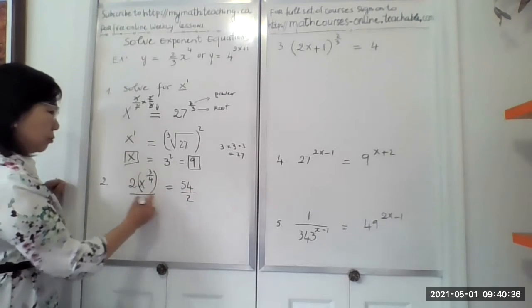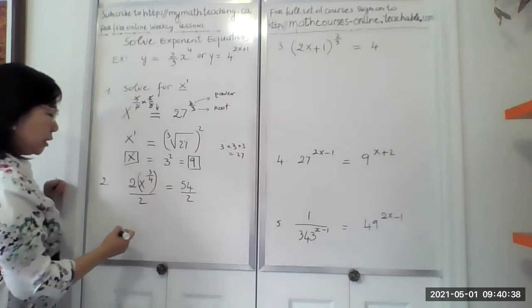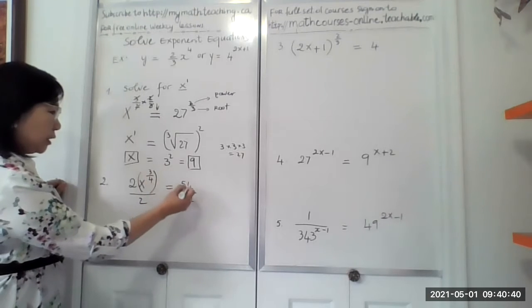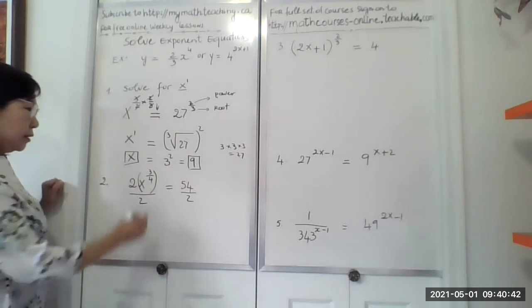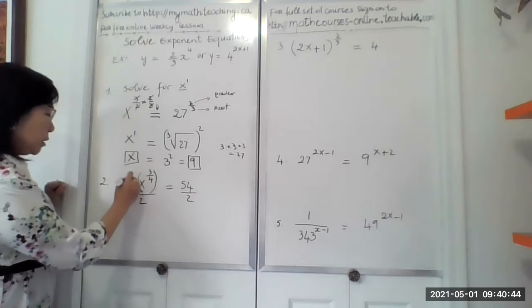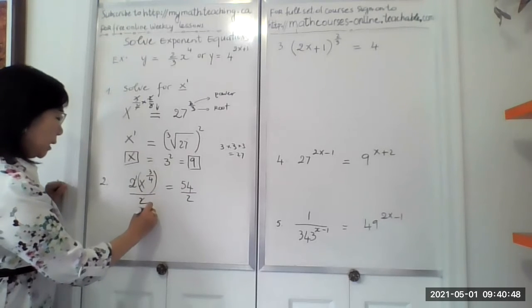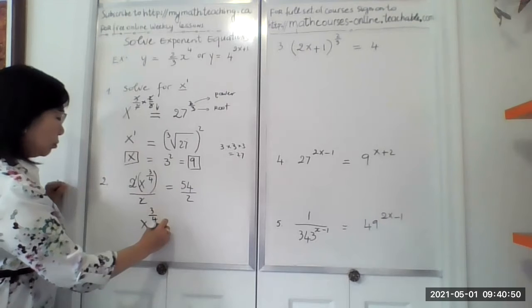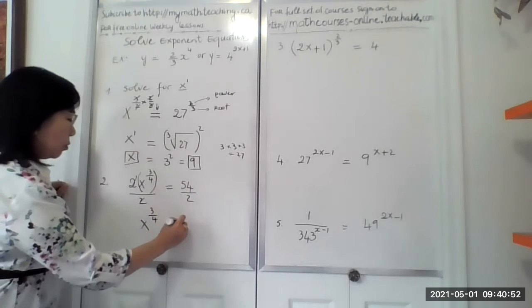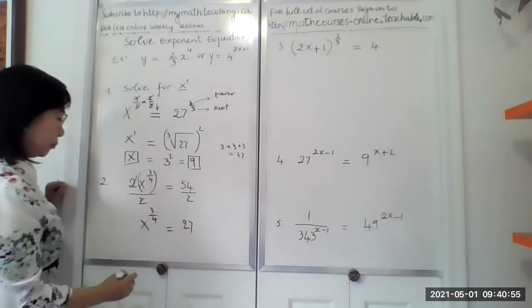So when I do this, I'm not changing anything because whatever I do to the left, the same I do to the right. So by doing this, I will cancel the 2 and bring the x down. And my x is 3 to the power 3 over 4, which will be equal to 27 again.